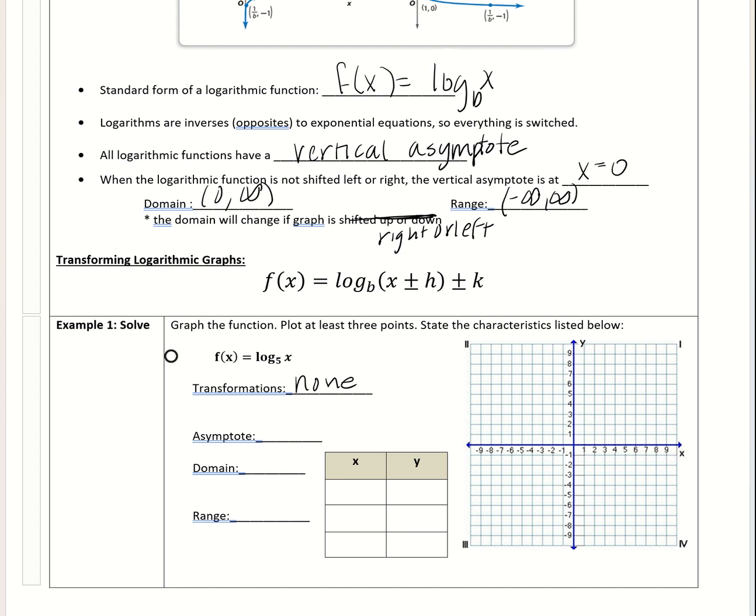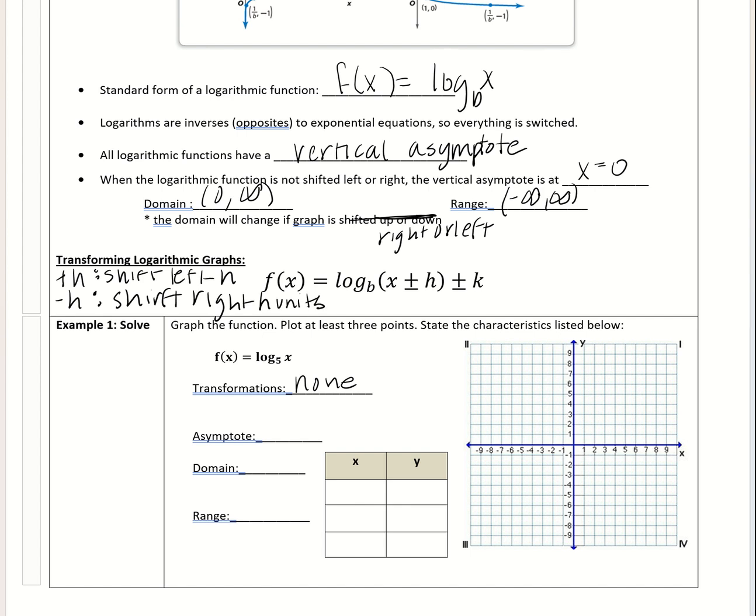And as a review, just up here, remember a positive h will shift the graph left h units, and that's kind of backwards from what we think. And a negative h will shift the graph right h units. So that's kind of, again, backwards from what we think.